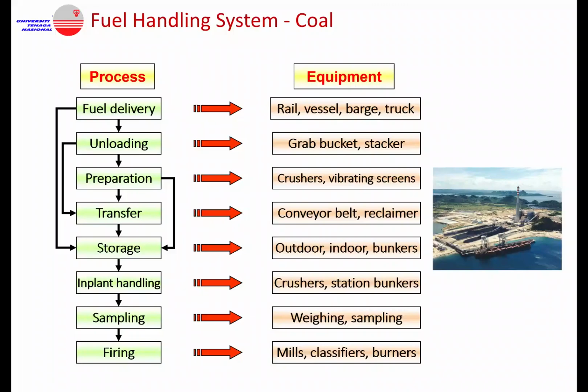We want the heat to heat up water inside the boiler, become superheated steam. Superheated steam drives the steam turbine, rotates the generator, and produces electricity at the end of the day. So that is a general overview of why we have combustion in our power plant.